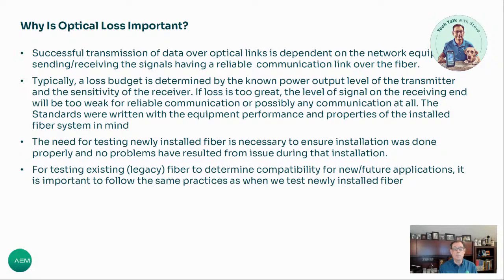You could have a bad enough loss condition that you just can't communicate between point A and point B. Typically, a loss budget is determined based on the known transmit power of the equipment that's being hooked up and the known receive sensitivity, or that window of what strength signal that receiver can see. As long as you don't exceed the amount of loss that drops that signal below what that receiver can see, you're within that loss budget.